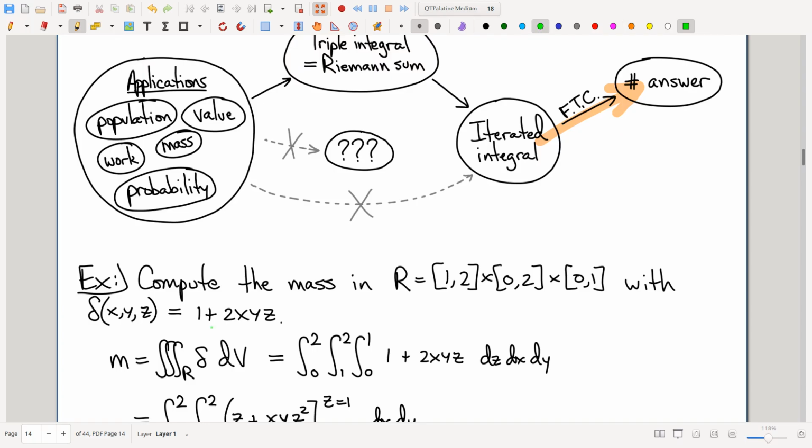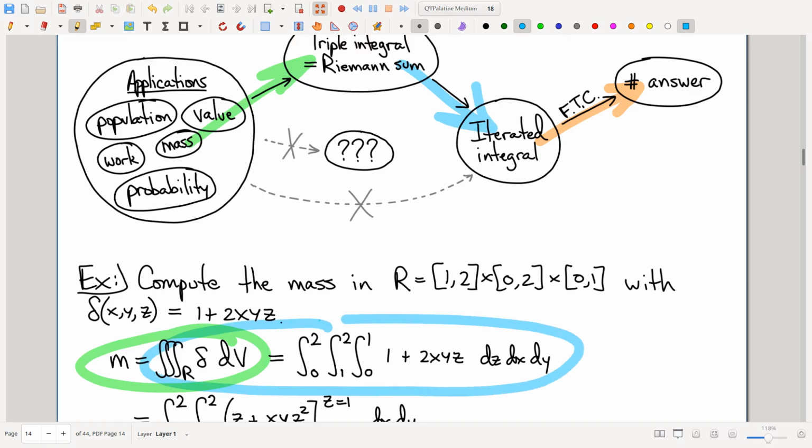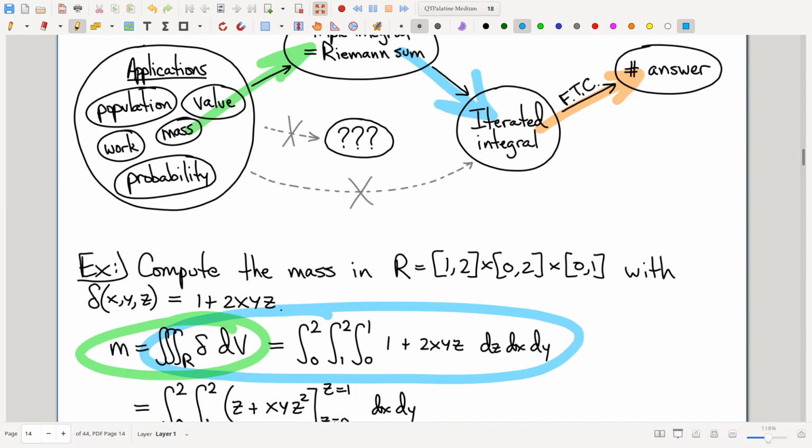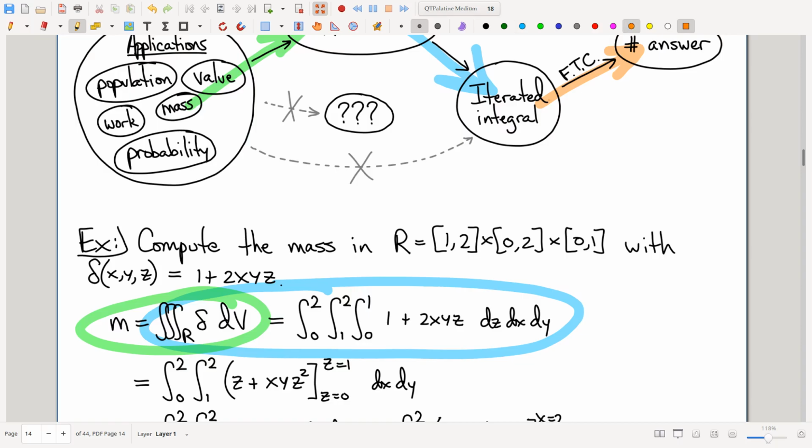We are first, as previously argued, turning mass into a triple integral. As I claimed above, we rewrite the triple integral as an iterated integral. And then all that remains is what I have in orange here, using the fundamental theorem to crank that out.